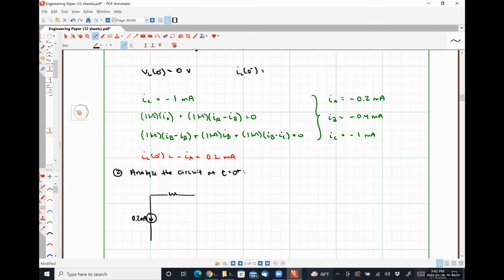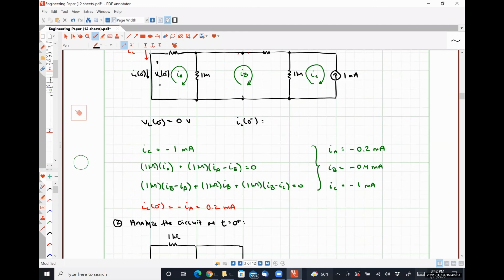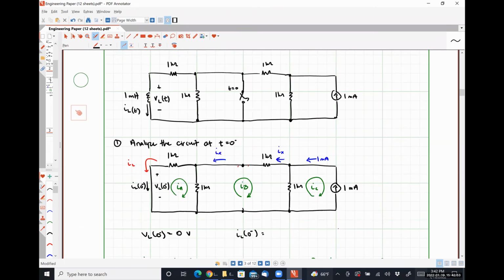Then I have my 1 kilo ohm resistor up top, my 1 kilo ohm resistor up here. Now my switch is actually behaving like a short circuit because it was opened at t is equal to 0 minus. Let me double check that so I don't make another mistake here.